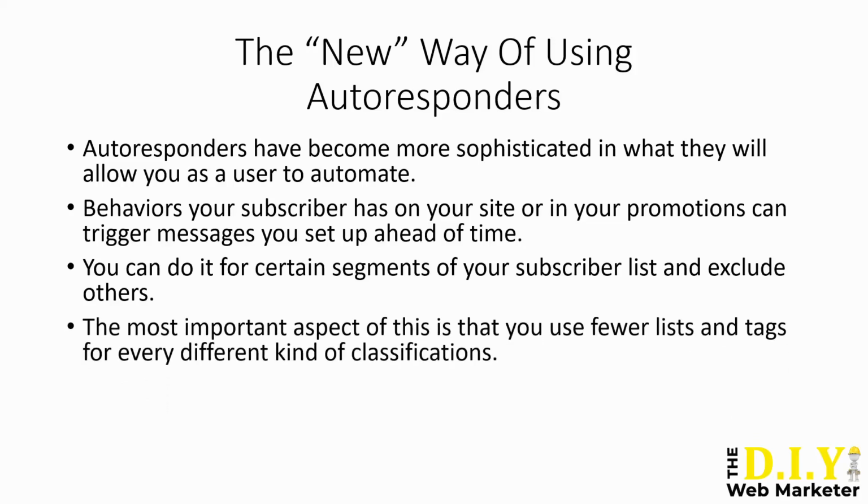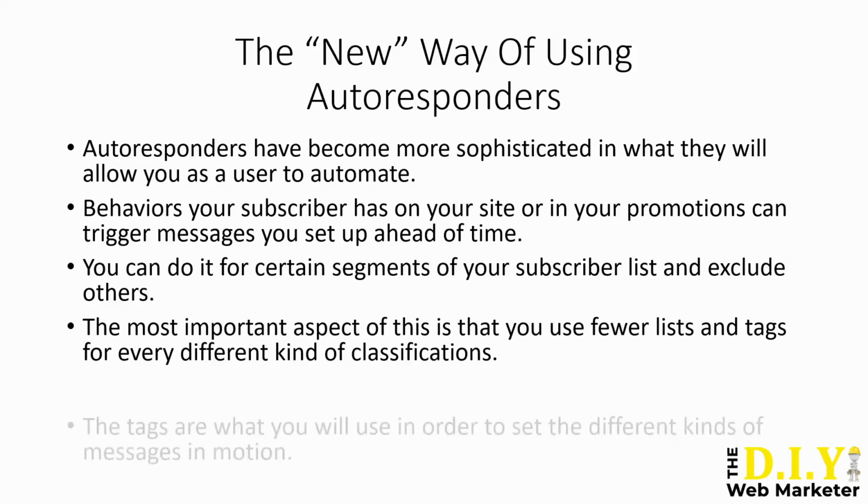The most important aspect of all of this is that the new way of using an autoresponder is that you use fewer lists and you have many tags. So for every classification of person and everything that happens and every way you want to segment a person, you want to be in the mindset of trying to tag those individuals so that you will be able to use everything that an autoresponder has.